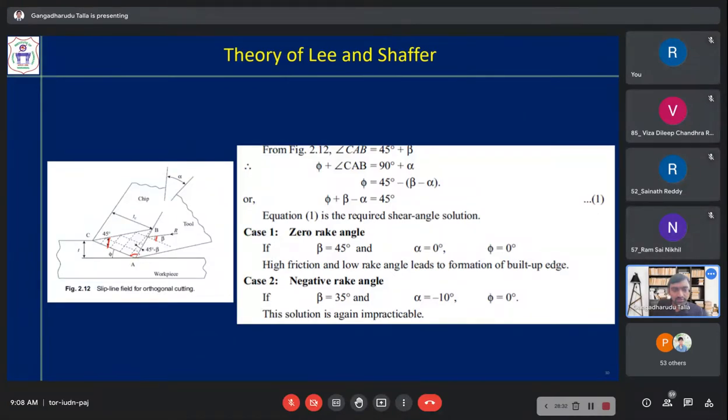Just a second. How is it becoming 45 minus beta?